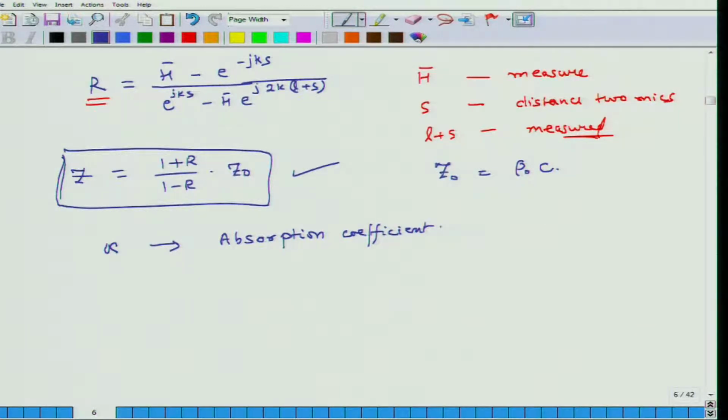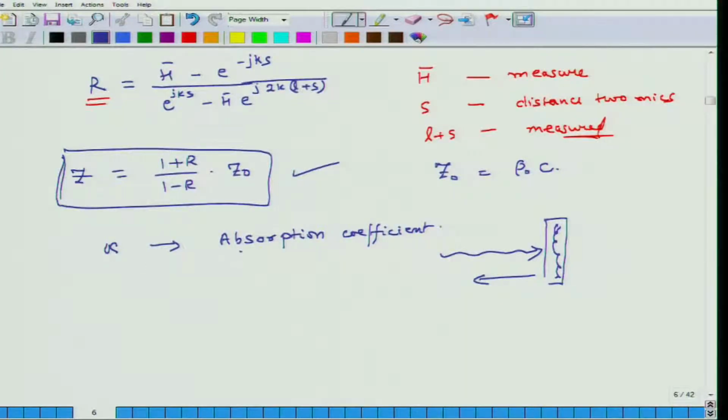So what is the absorption coefficient? Sound is coming in, some of it is getting reflected and some of it is getting absorbed by the material. Now whatever is being absorbed by the material, some of it may be transmitted out also.